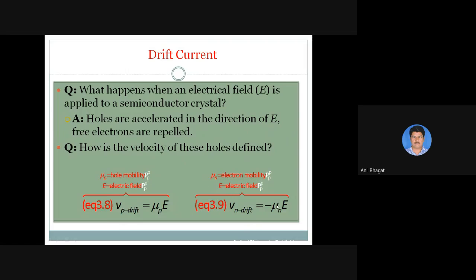The same formula applies for N type: the velocity of electrons is defined as minus mu n multiplied by E. Why minus? Because of negative charge particles. So this is a very important formula.